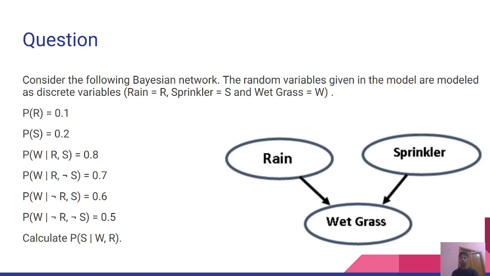Suppose we know that the grass is wet, we also know there was rain, and we have to find P of S, the probability that the sprinkler is on, based on these probabilities. So can anyone tell how to approach this question? How to find P of S given W, R?